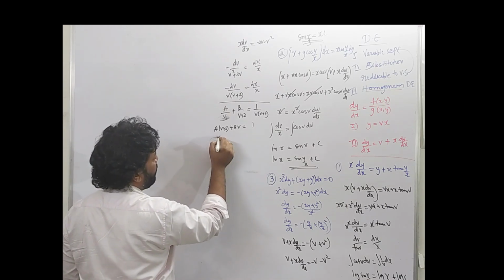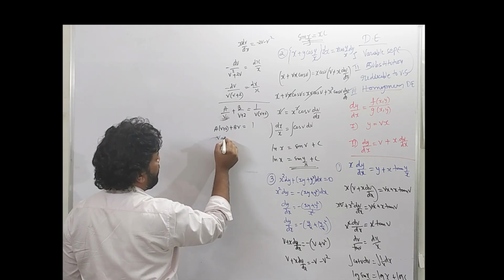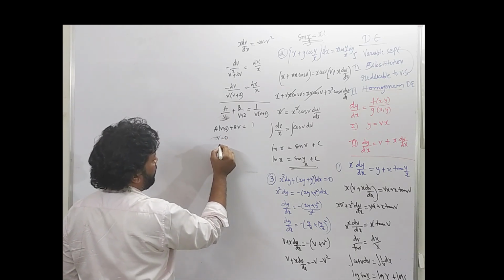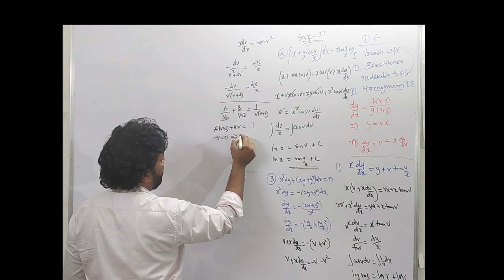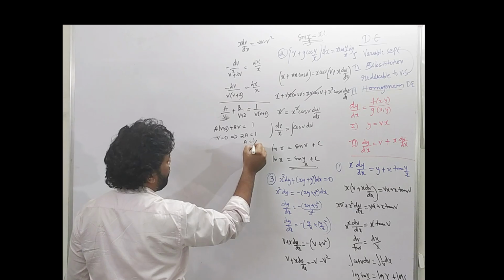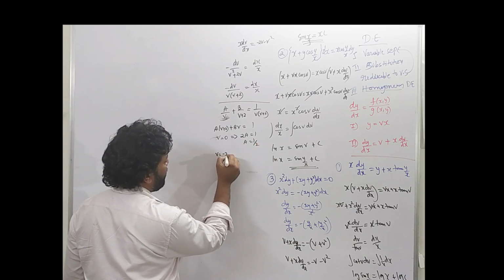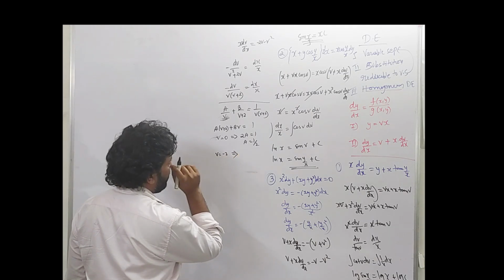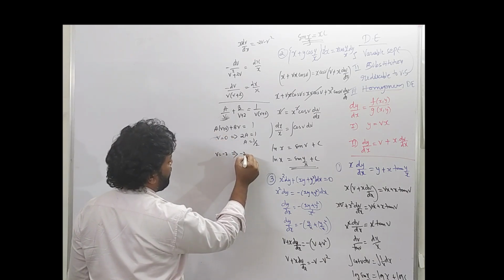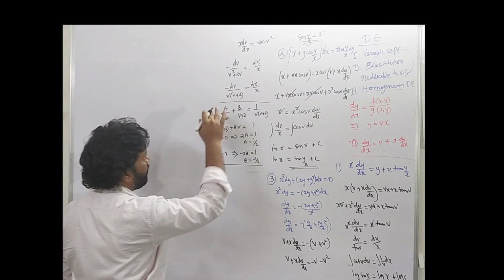Putting v equal to 0 implies 2a is equal to 1 and a is equal to 1 by 2, and substituting v as minus 2, we get a gets cancelled, minus 2b is equal to 1 and b is equal to minus 1 by 2.